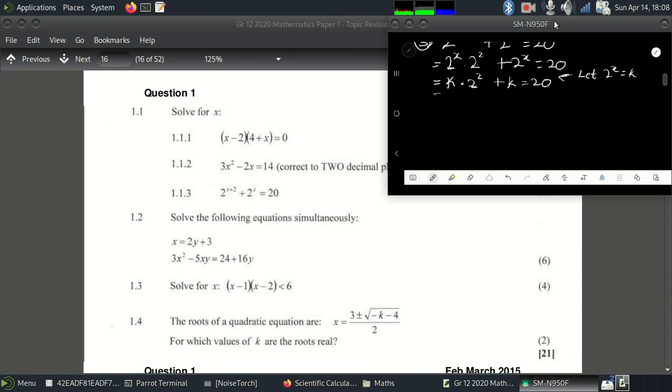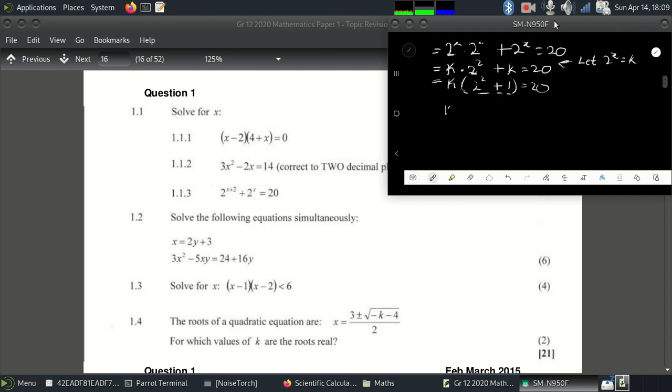Anyway, now that's done. I think we can factor out k, isn't it? So let's factor out k. We can take out k as a common factor. That leaves us with k times 2 squared plus 1, and this is equal to 20. Then let's simplify the inside of the bracket there. We do have k, and 2 squared is 4, and 4 plus 1 is 5.